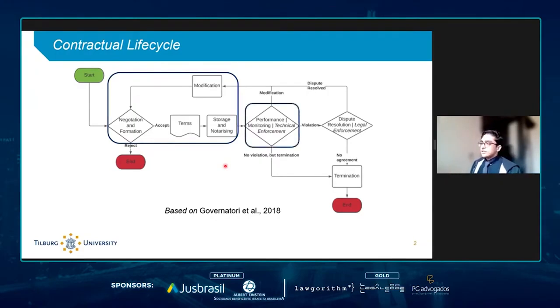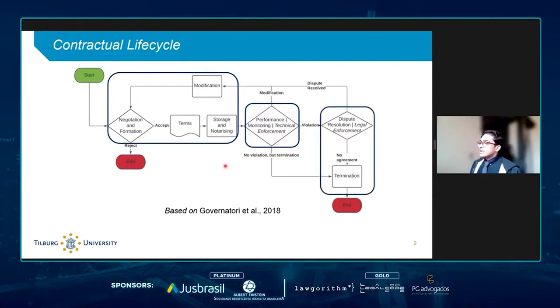The second phase is where the users interact with each other and the real world to ensure that the terms of the contract are actually being put into effect, they're actually being performed. And in this phase, both the parties should ideally monitor each other for compliance with the terms. We also add a technical enforcement stage here, which is an exception, and we will come back to that in a later slide.